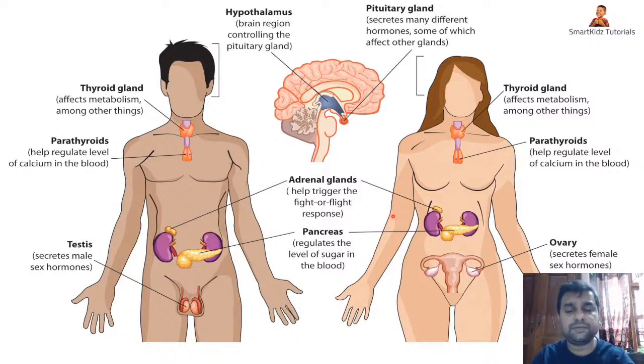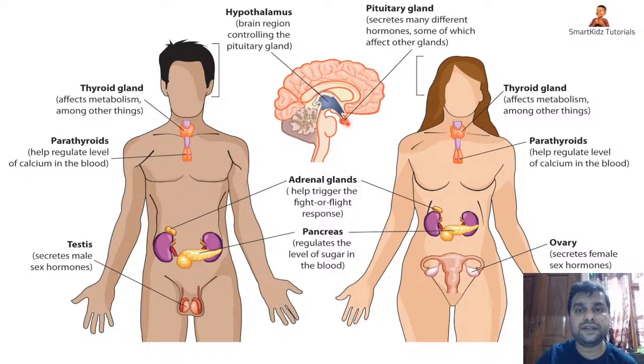Okay, so that is about adrenal glands. Apart from that, you have the pituitary gland, also known as the master gland of the body, because apart from growth and metabolism, it has a direct or indirect effect on the other endocrine glands. By the way, we spoke about this endocrine system. Once again, I'll remind you that all these glands which secrete these hormones form a part of the endocrine system.